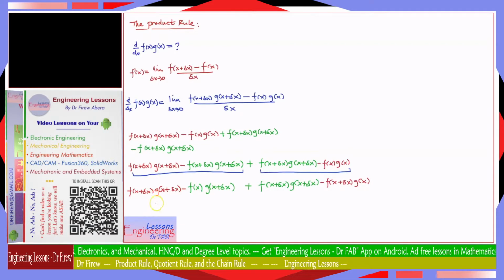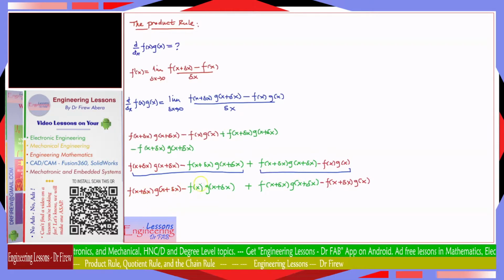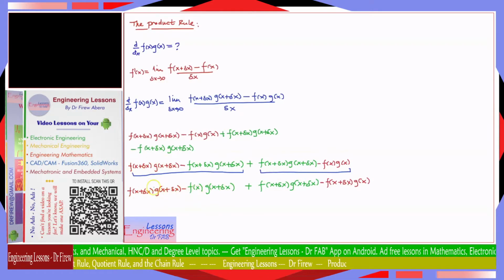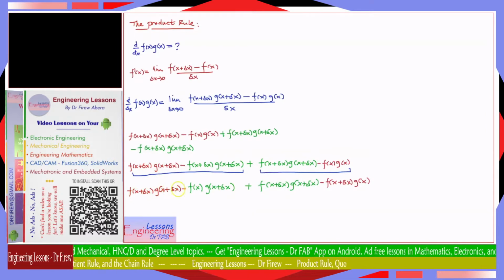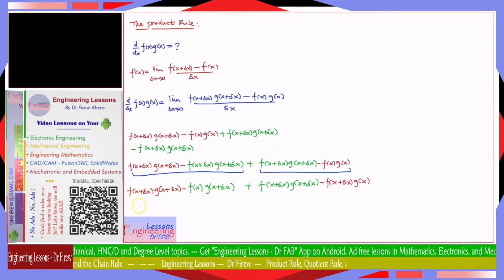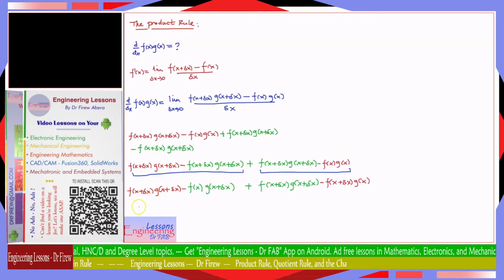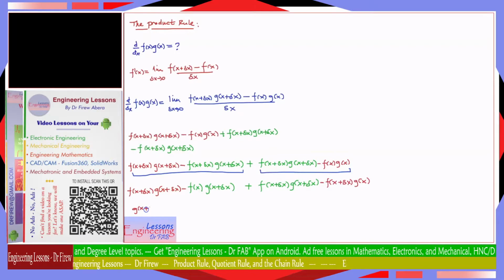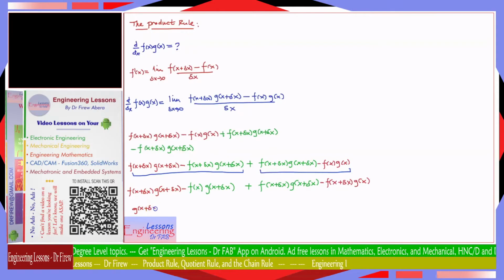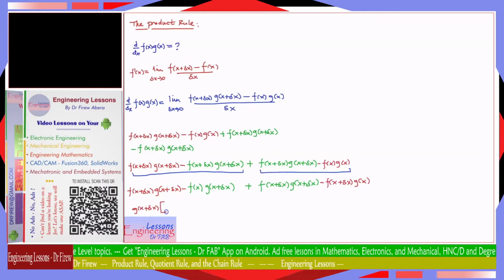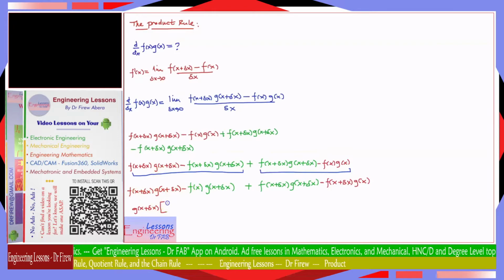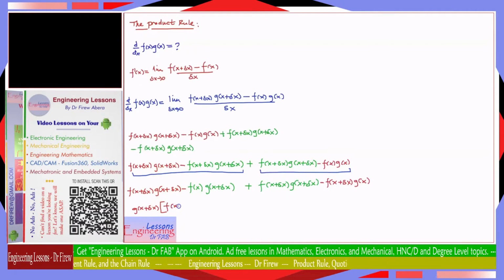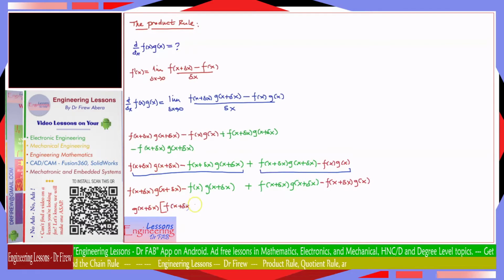Now let us bring common factors out. From this side I can have g of x plus sigma x as a common factor. So I'll be remaining with these items: f of x plus sigma x minus f of x.